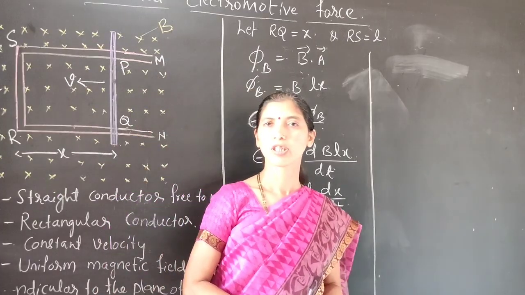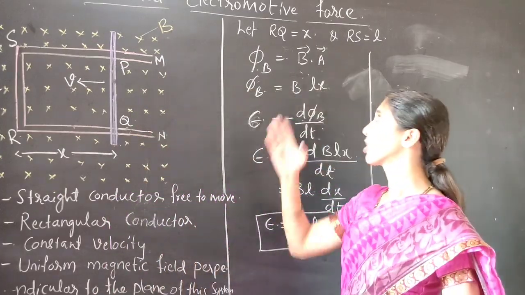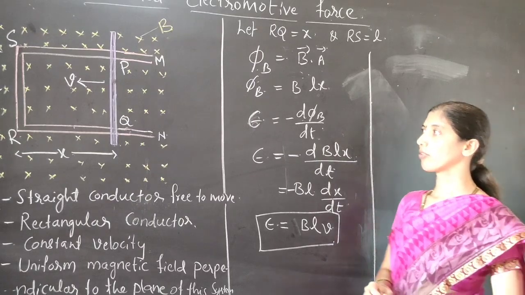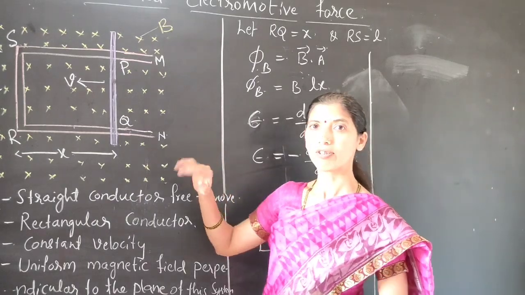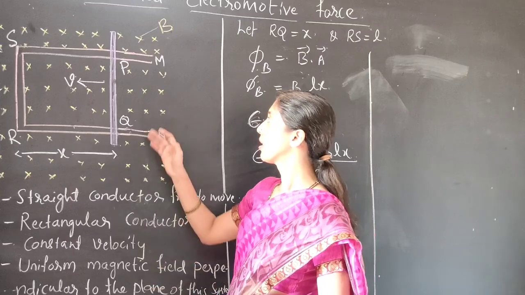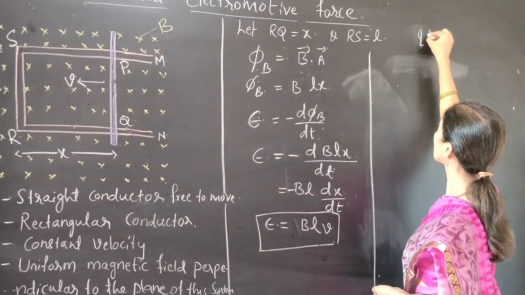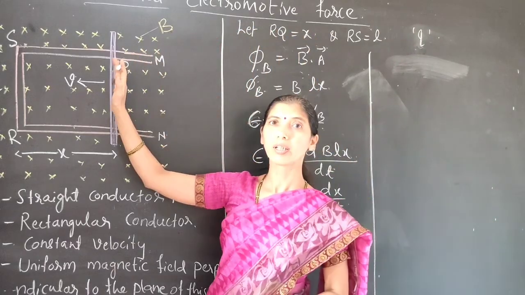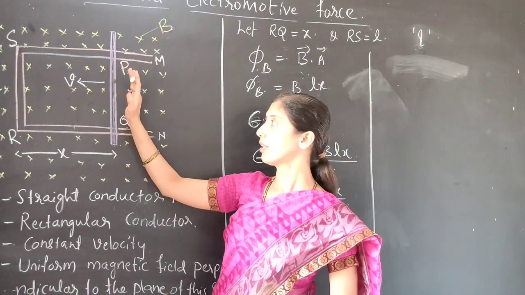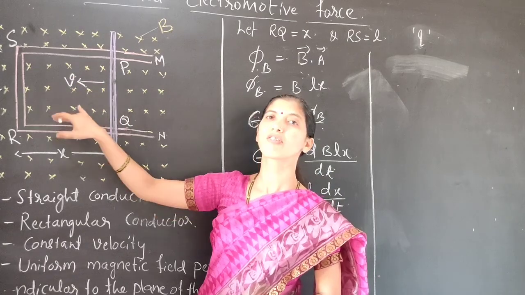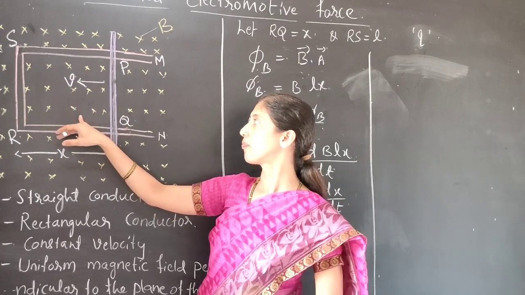It is also possible to explain the motional EMF by considering the Lorentz force, which we studied in the previous chapter. See here, let us consider an arbitrary charge Q on the conductor PQ. When this conductor moves with the speed v, the charge will also move with the speed v.